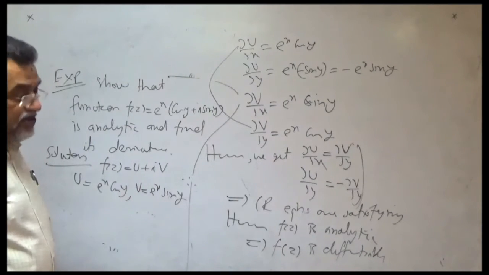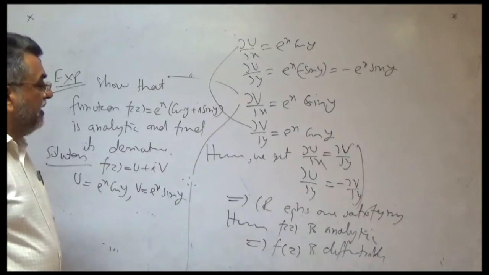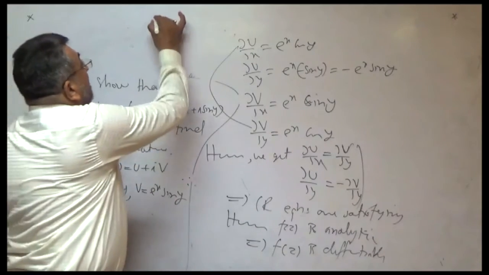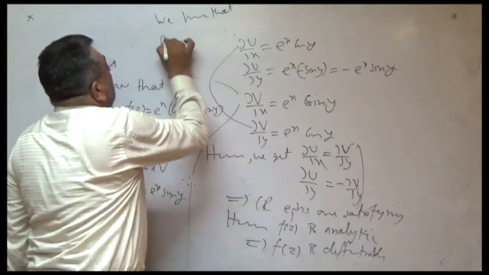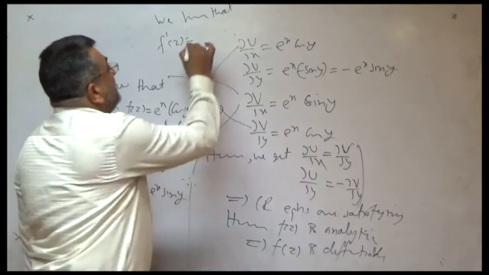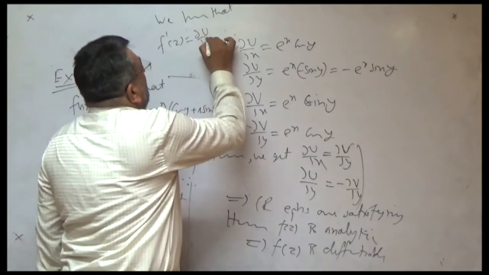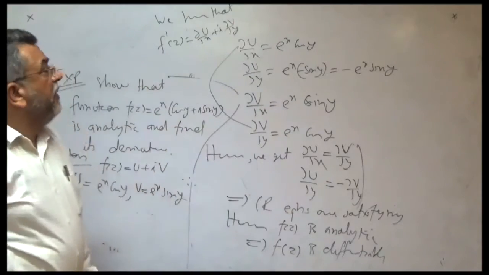When function is differentiable, then you can find derivative directly, because if it is differentiable, then we know that f dash z means del u by del x plus i del v by del x, you can take this, right?